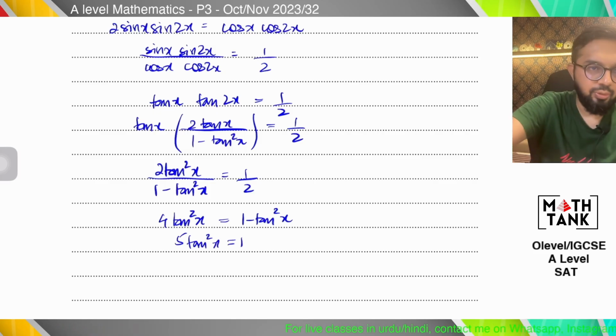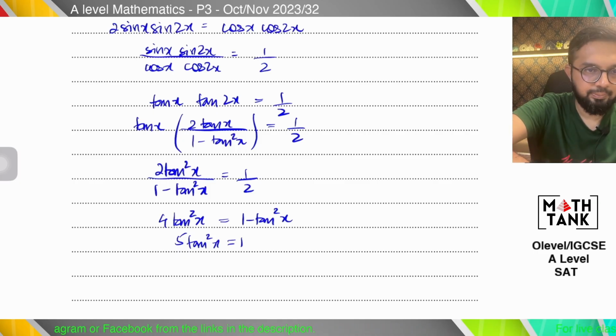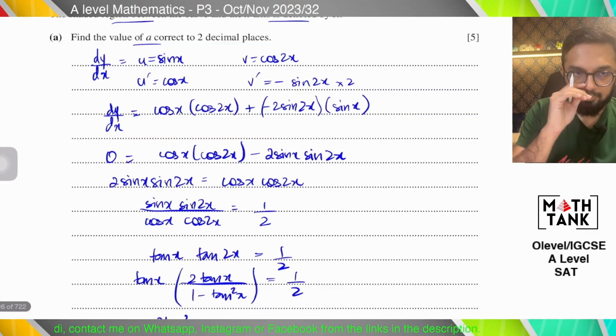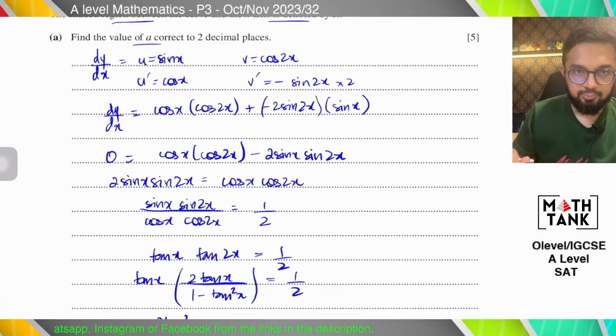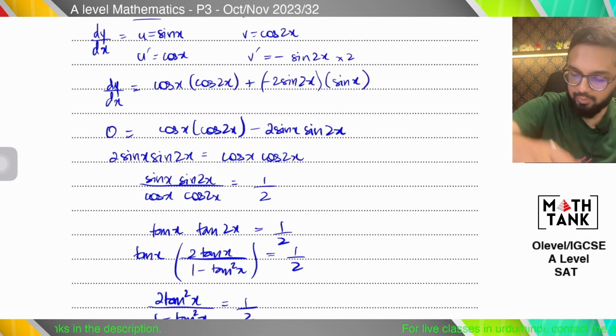Okay, at this point let me just check if I have things right. 5 tan square x equals 1.